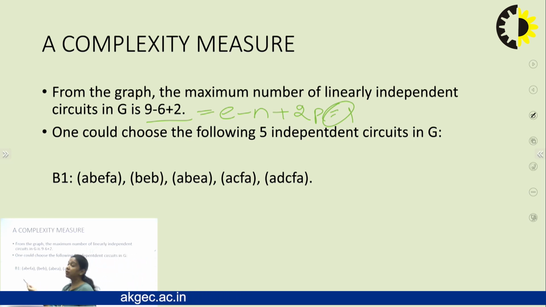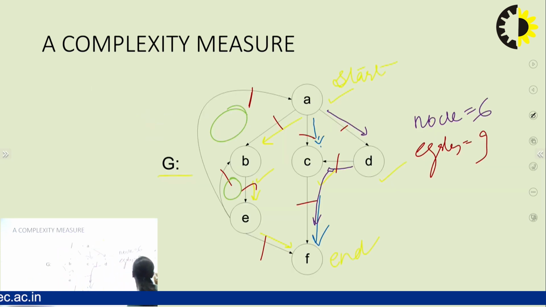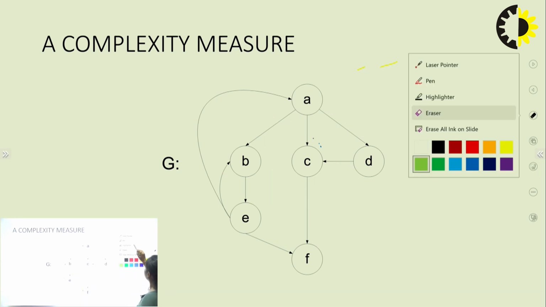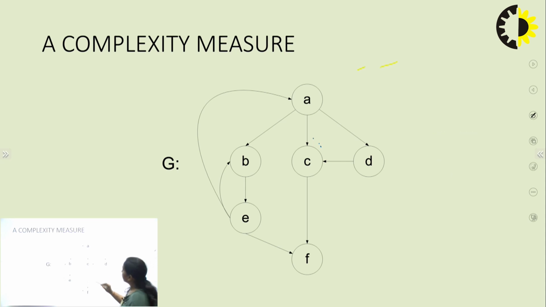The circuit having the 5 independent paths. A, B, E, F. This is the first independent path we choose.